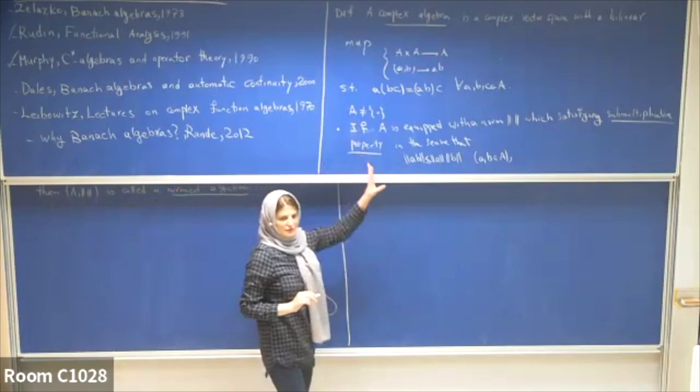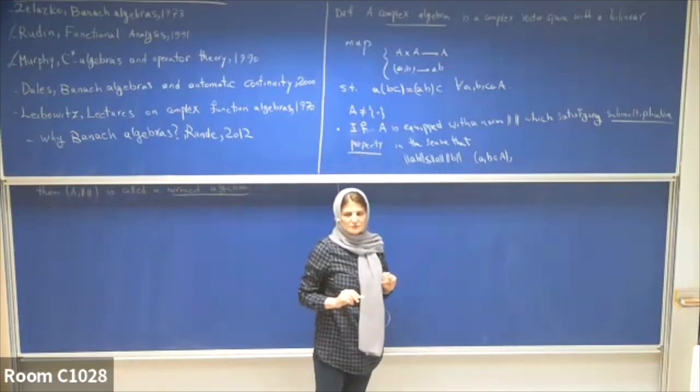If A is also complete with such a norm, A is called a Banach algebra.